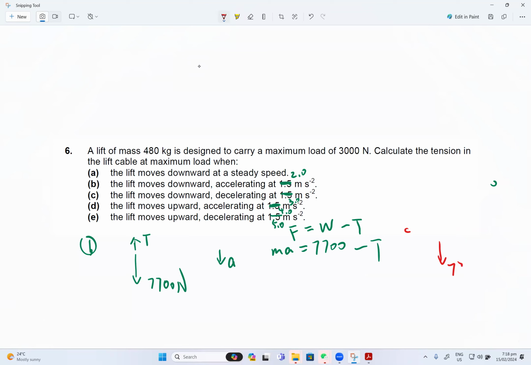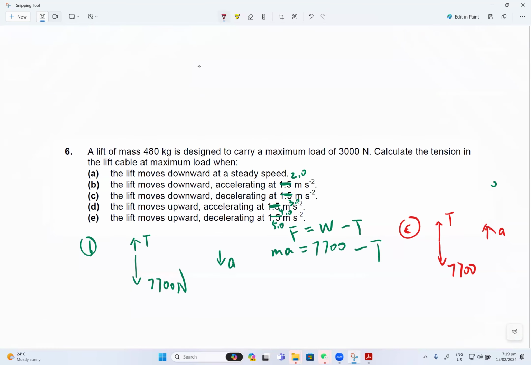Again, we have this much downwards, something upwards. Burial, the acceleration for question C, downwards or upwards? Very good, because the elevator is moving downwards but decelerating, which means acceleration is opposite.